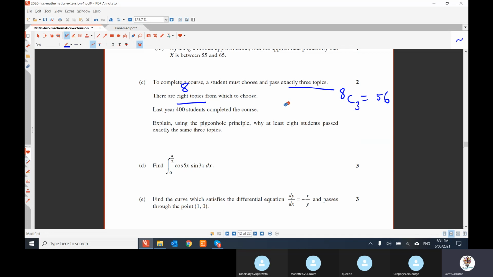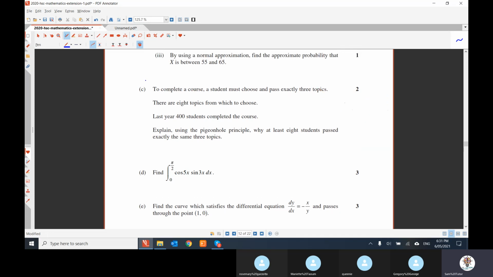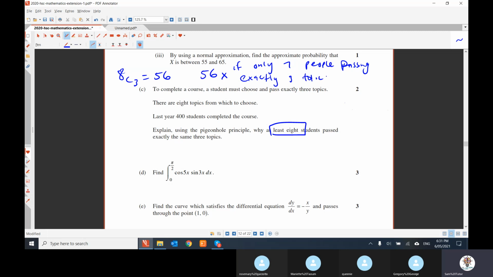But if I start again and write all of our math from the beginning. We said 8 choose 3 equals 56. And if only 7 people passed exactly 3 topics in every combination, that would equal 56 times 7.